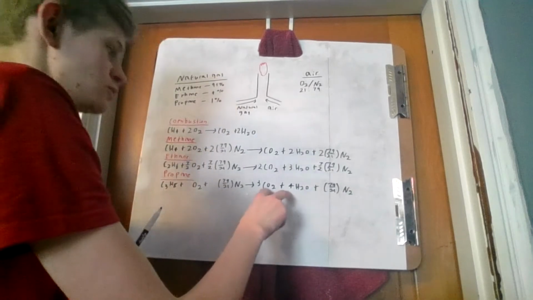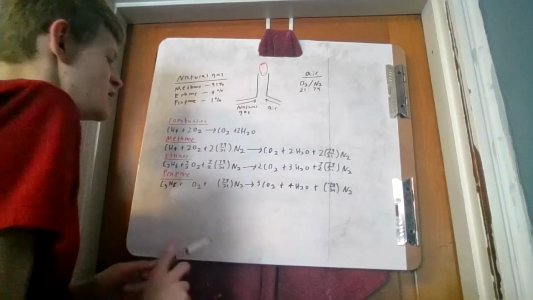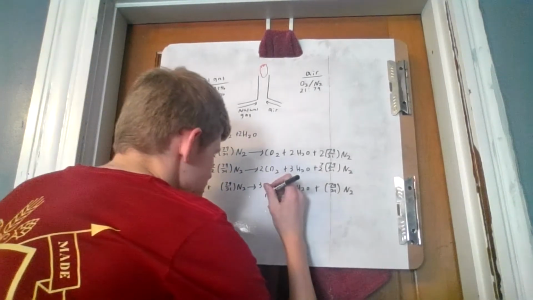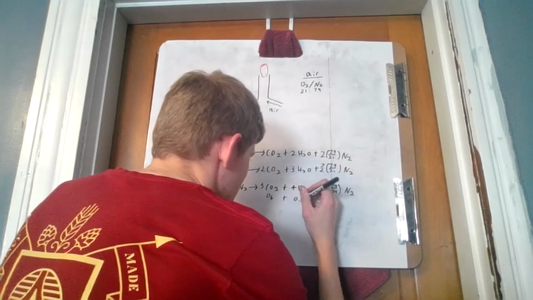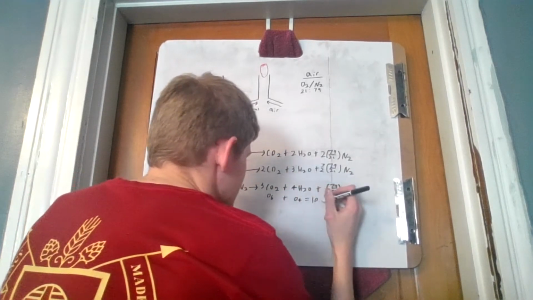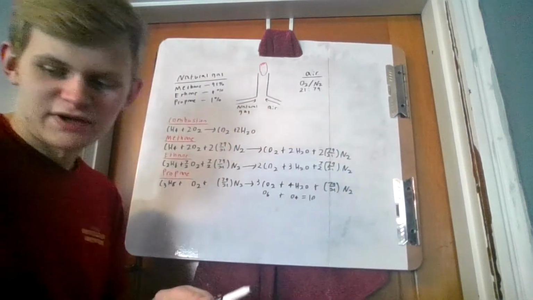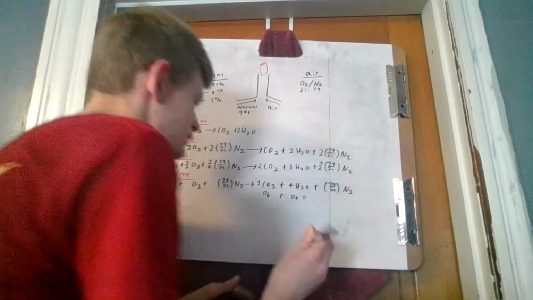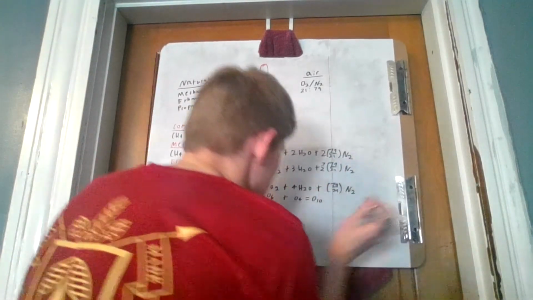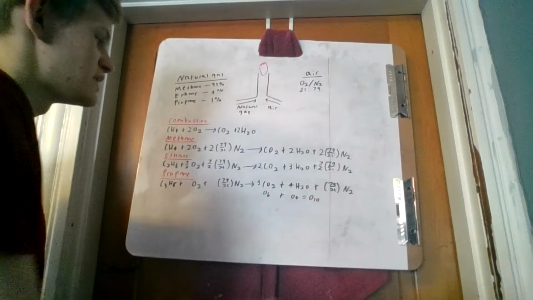And with these two coefficients, we then know that 6 oxygen here plus 4 oxygen here is going to result in 10 oxygen being produced in this reaction.